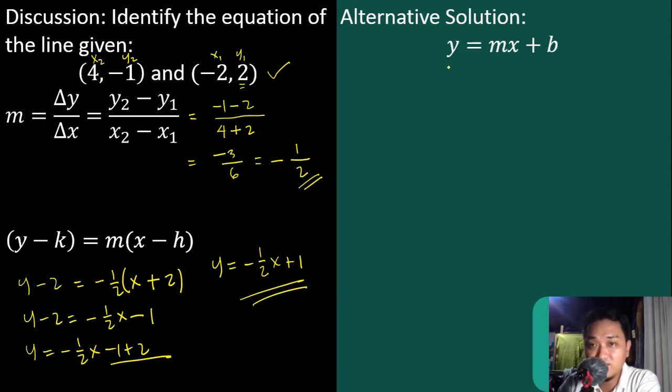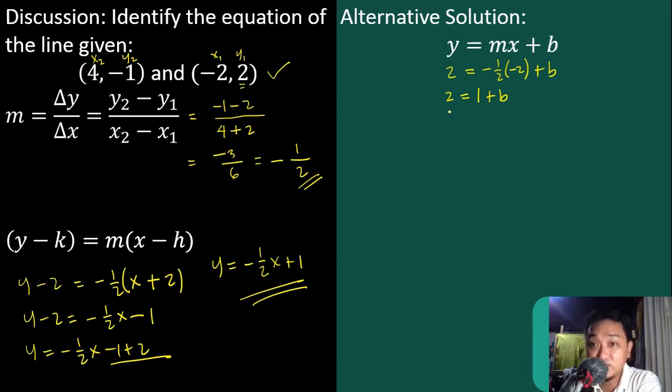The value of y is 2. The value of the slope is negative 1/2. The value of x is negative 2 plus b. We are now solving for the value of b. 2 is equivalent to negative times negative is positive. And 1/2 times 2 is 1 plus b.